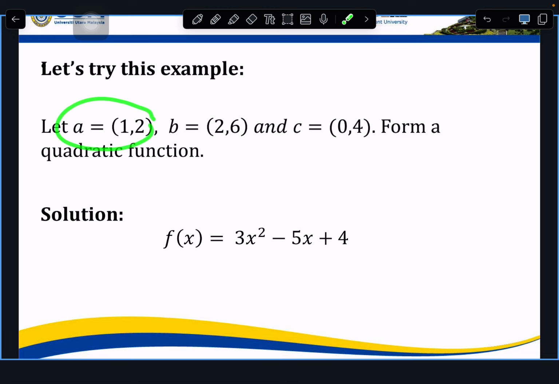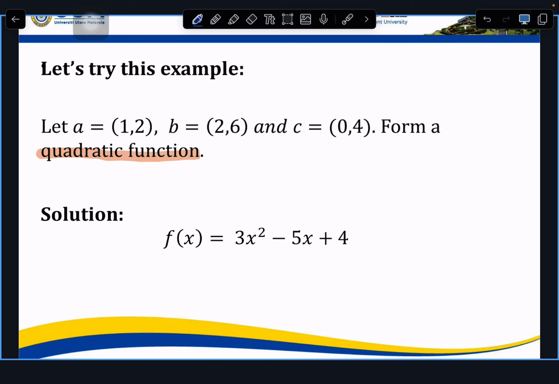Do you understand this one is a point? Correct? Don't confuse with ABC. A, B, and C here are basically points. So when you read the questions, we have a keyword. What is our keyword here? Quadratic function, correct?